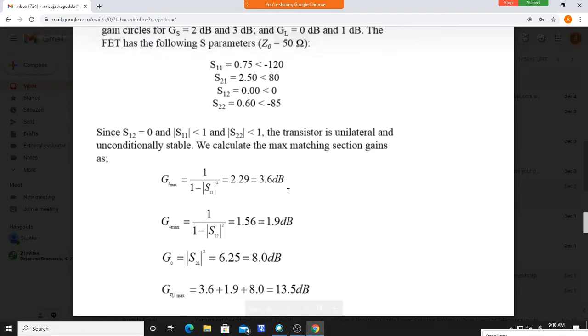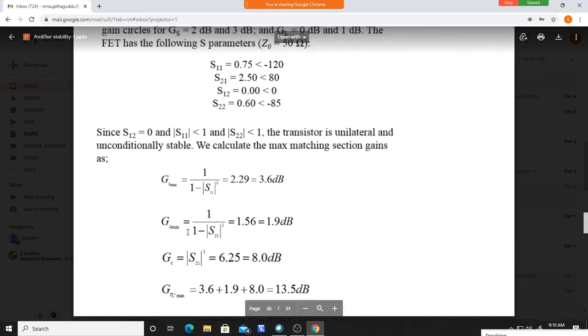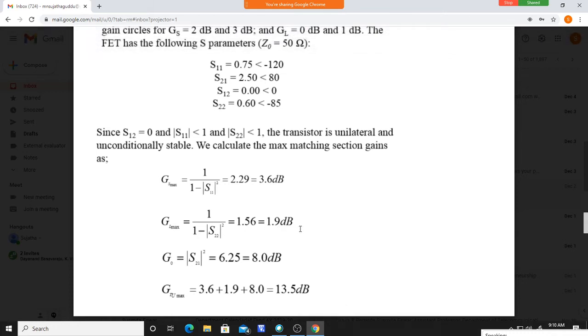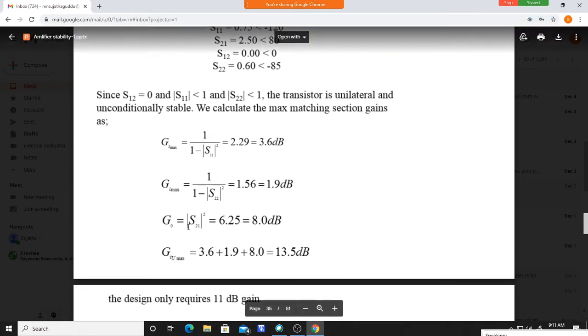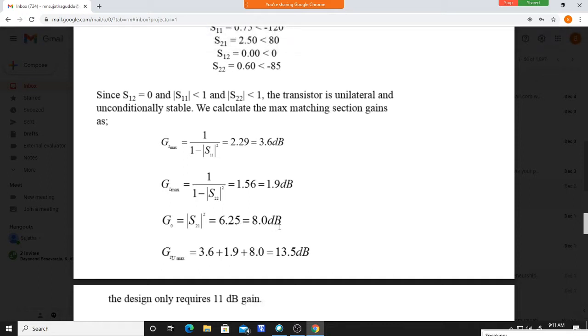So GS maximum in dB is 3.6 dB, and GL maximum is 1.9 dB. G naught is approximately 8 dB here. All of you got, I think, 7.9 something, so that's 8 dB.